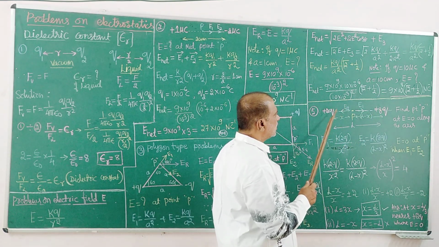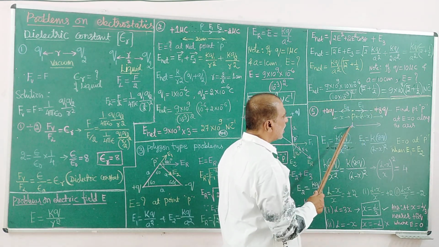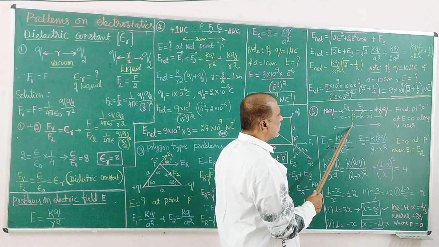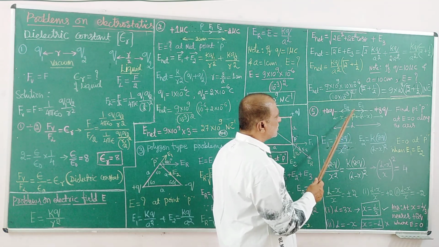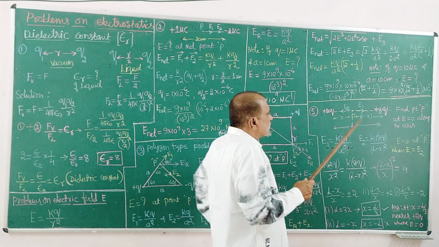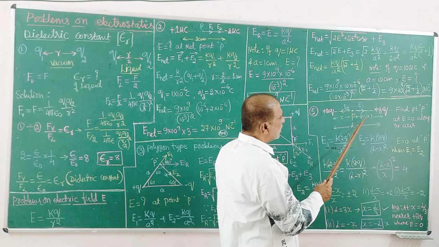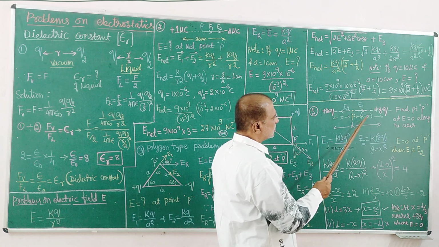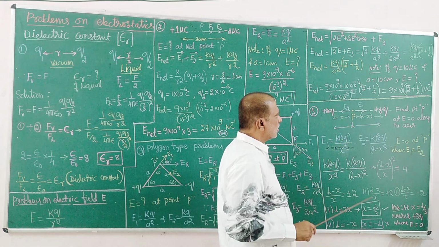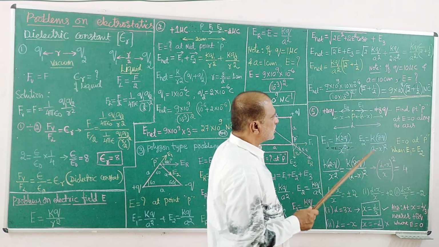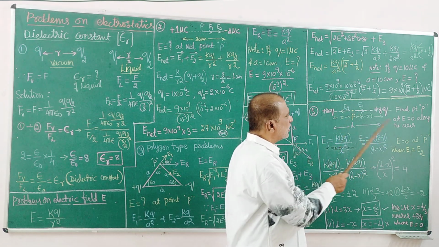Let us say the distance between these two charges is L and the point is this. If the distance between this point and this charge is x, what would be the distance between this point and the other charge? L minus x. So you have to calculate at what point E is equal to 0.